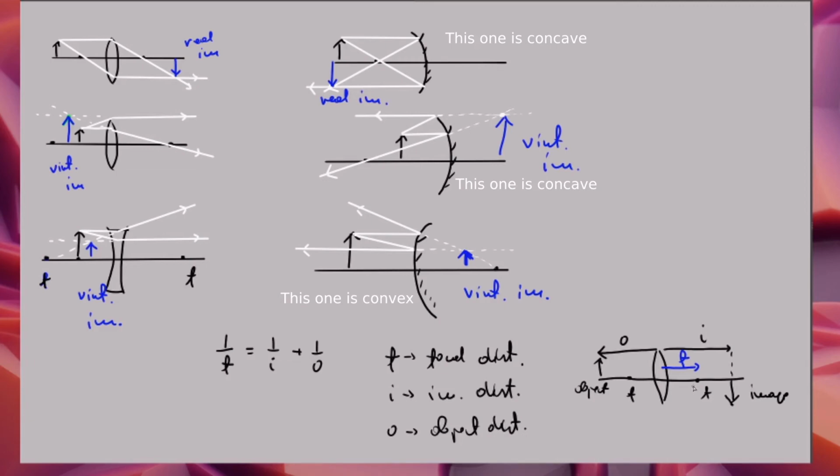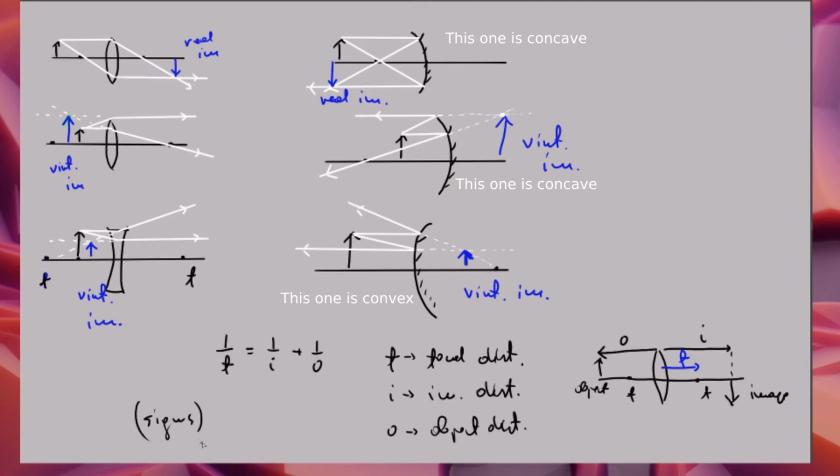The only thing you have to pay attention to is the signs. Sometimes the signs of these things, depending on what lens you have or what mirror you have, you may have positives or negatives. And the signs are in a table on your equation sheet. So watch out for the signs.